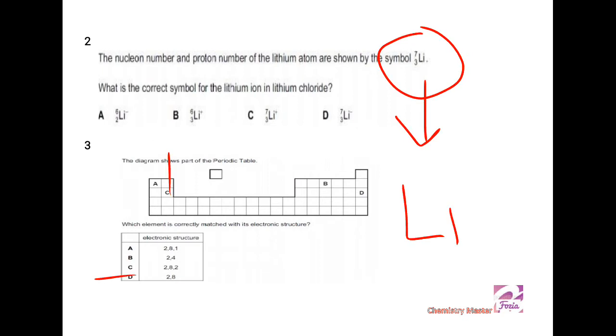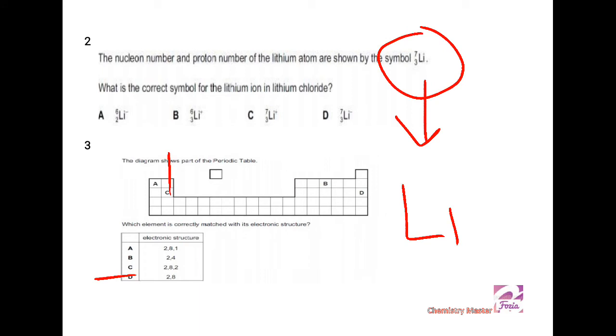Now, we have to look at option D also, because we want the correct answer to be encircled. D is given 2, 8. So what do you think about it? When we talk of the electronic configuration of noble gases, what comes up? It is telling us that 2 electrons are in the first shell and 8 electrons are in the second shell.